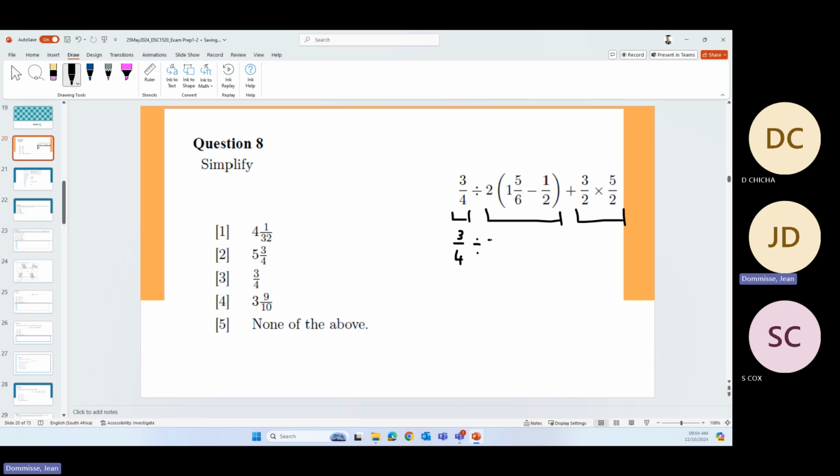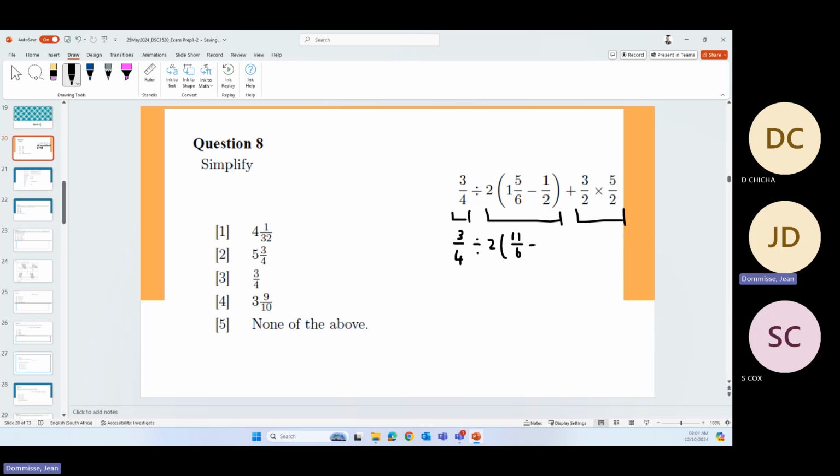We can say, let's keep the 2 outside for now, and just simplify inside, and let's make everything on the base of 6. So 6 times 1 gives you 6, plus 5 is 11 over 6.